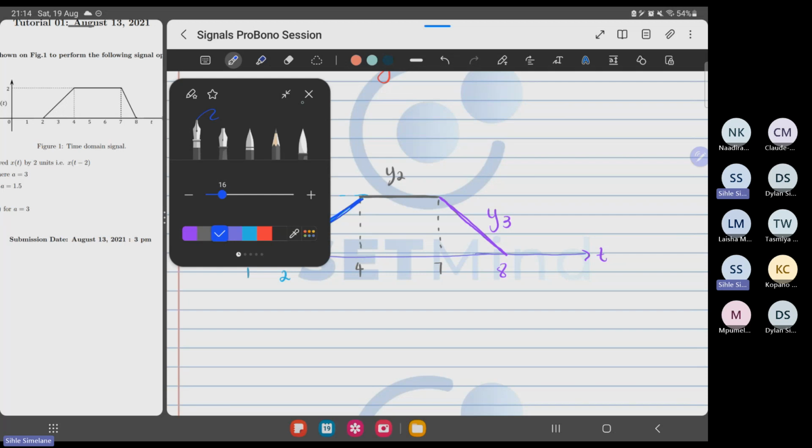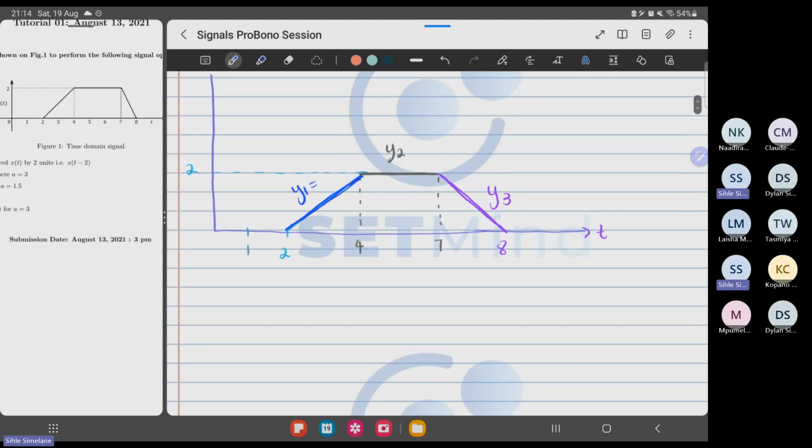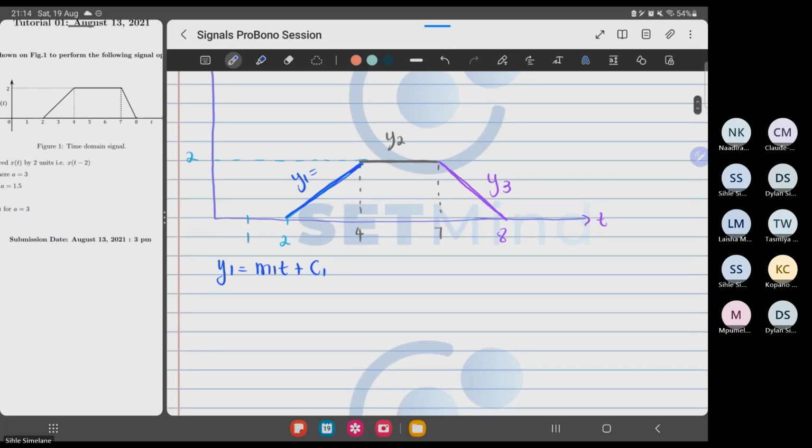So if you look at y1, we can all agree that y1 is a straight line. So for me to be able to find what equation this is, I need the gradient. Because if you look at y1, it is obviously going to be m1t plus c1. So I need to find the gradient m1.